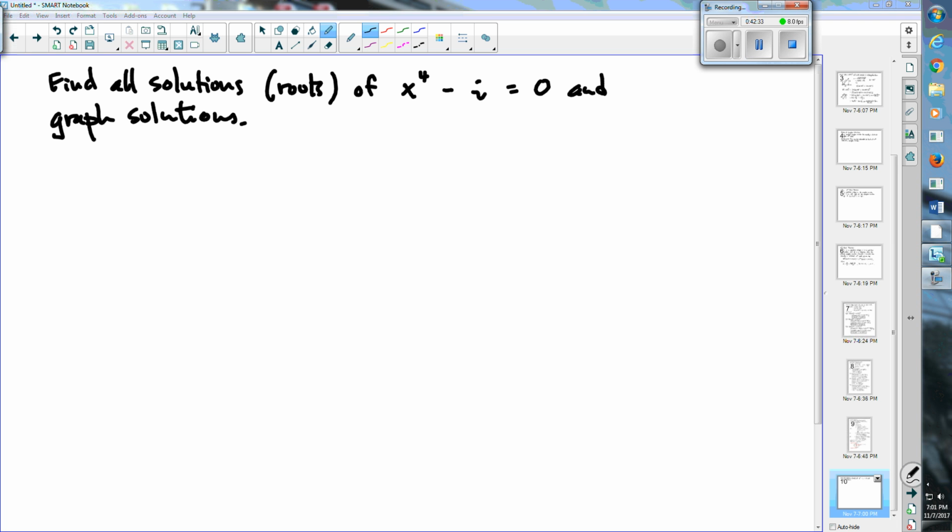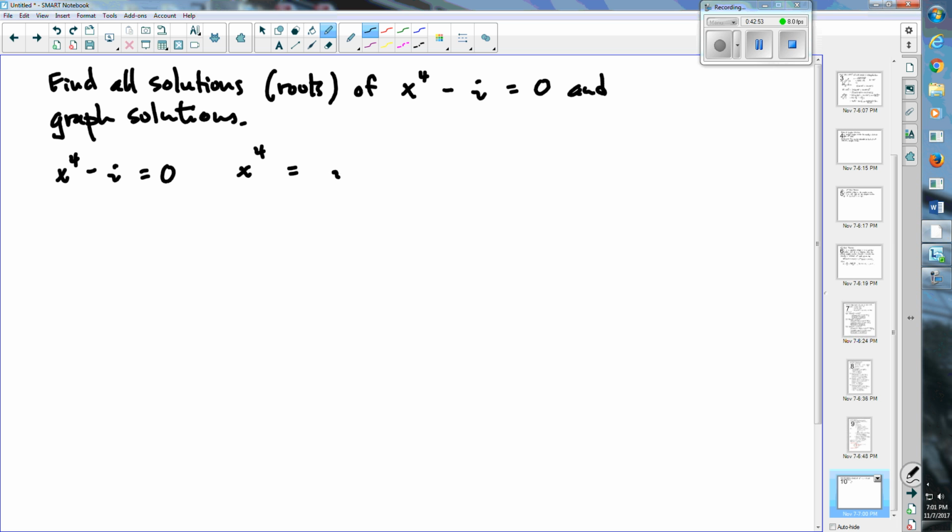Okay, I have another example here. We want to find all solutions, meaning roots, of x to the 4th minus I equals 0, and we want to graph the solutions. So if we start out with x to the 4th minus I equals 0, I'm going to start this one the same way we did the last example.